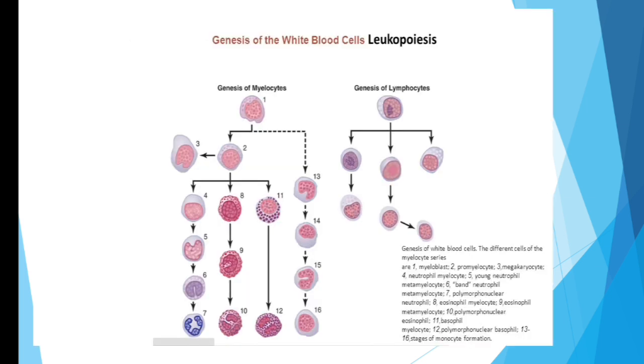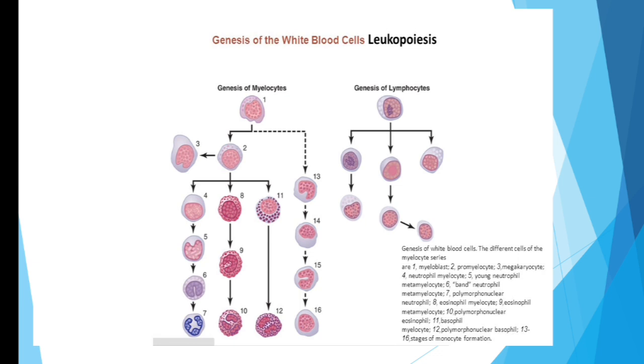This is how the WBCs are formed, like myelocytes and then lymphocytes. The different cells of the myelocyte series are myeloblast, then promyelocyte, megakaryocyte, then neutrophil, young neutrophil, band neutrophil, then polymorphonuclear neutrophil PMNs, then eosinophil, metamyelocyte, then polymorphonuclear eosinophil, then basophil.